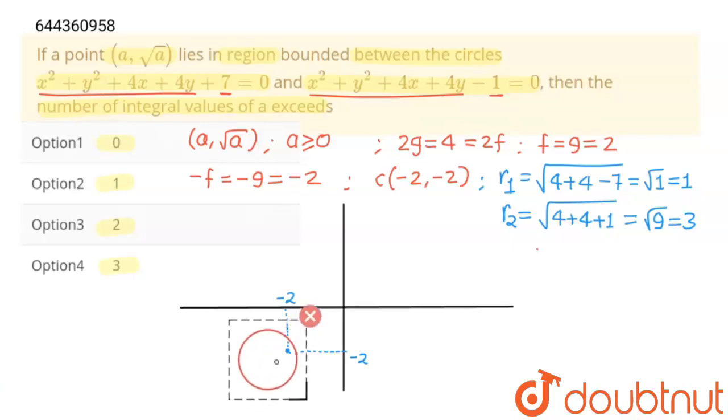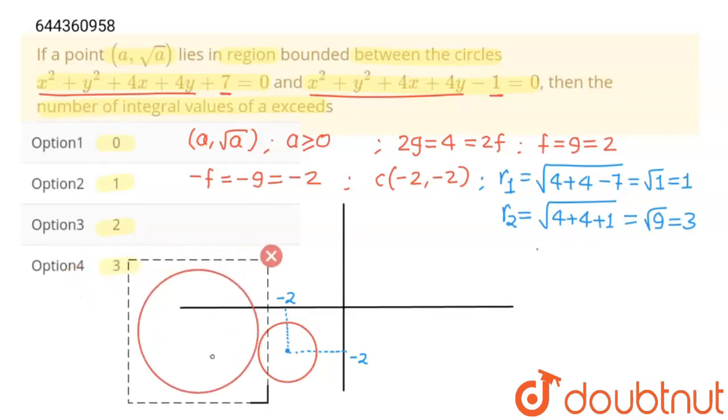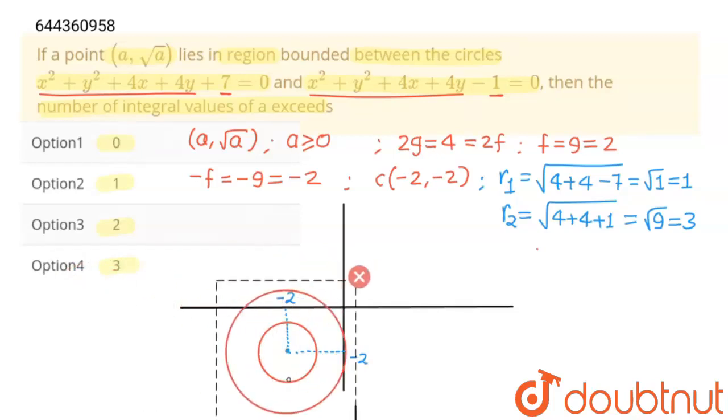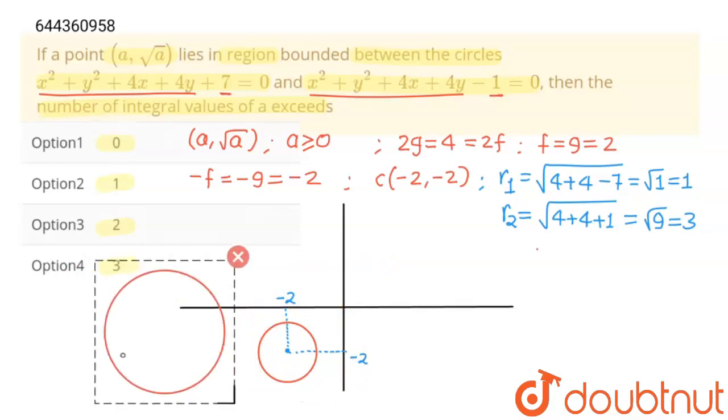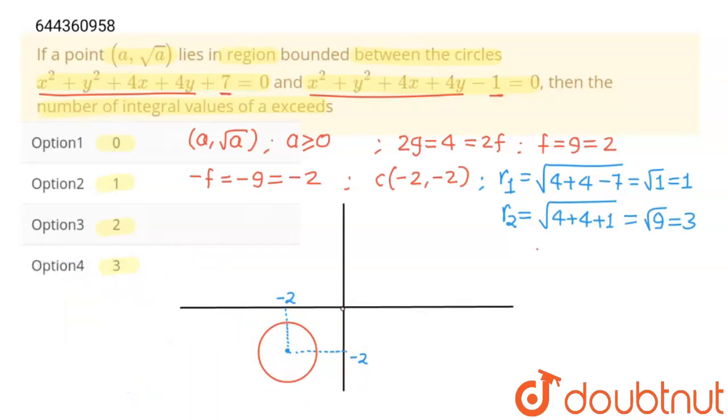Now I'm going to draw both the circles. Suppose this is our one circle with radius 1, and this is our other circle with radius 3. Let's see whether the origin will lie inside this circle or not. I'm going to substitute the origin in this equation because this is the larger one. I'm going to find S1. How to find S1? We put the x coordinate and y coordinate of the point in the equation of the circle in place of x and y.